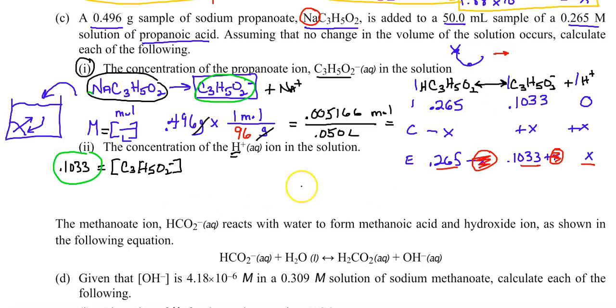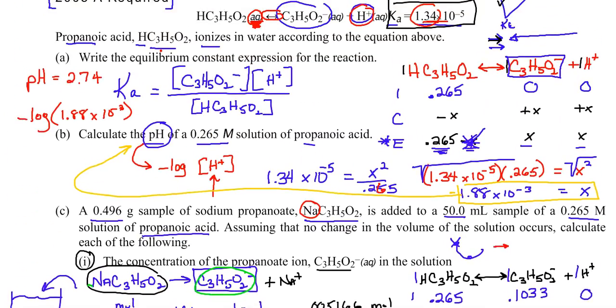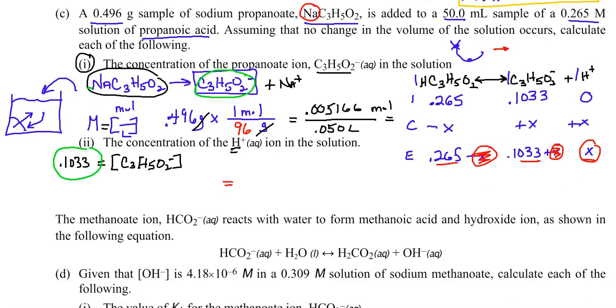So now we solve for the concentration of H+. We're going to solve for x. How can I do that? Well, it's only one variable because when I plug this into the Ka expression, what is Ka? Ka is 1.34 times 10 to the negative 5.